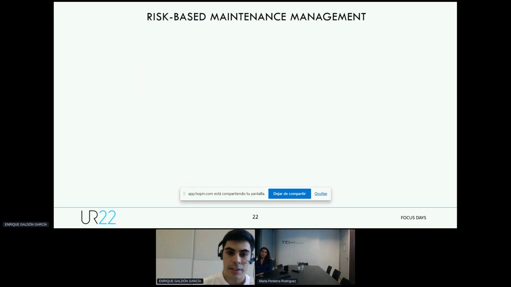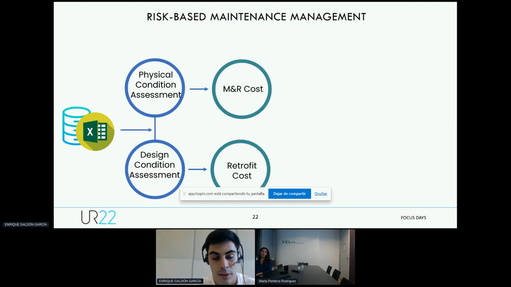Next, I'm going to start with the third level of maintenance, that is the risk-based maintenance management. Again, it's necessary to have all the information collected in a database. Then with this information, it's possible to develop the physical condition assessment and also the design condition assessment.